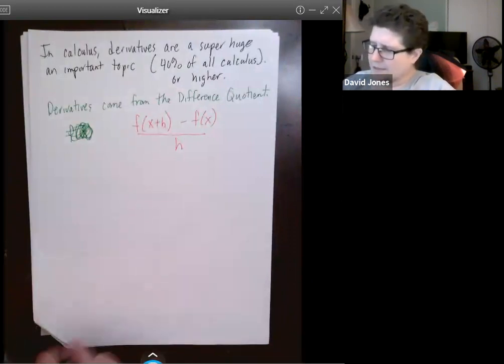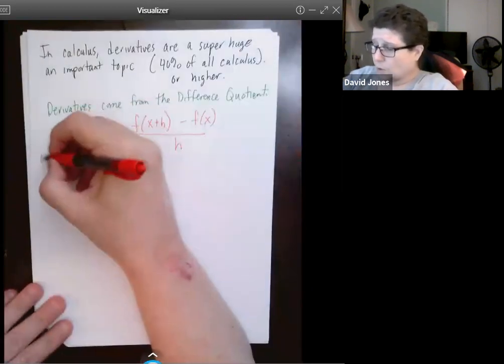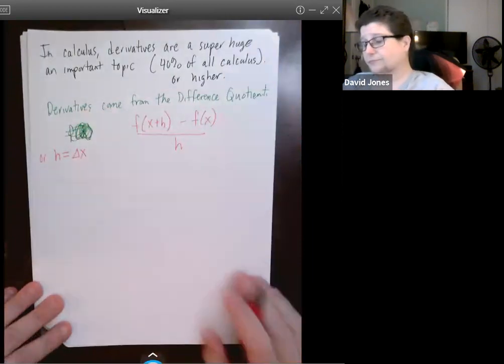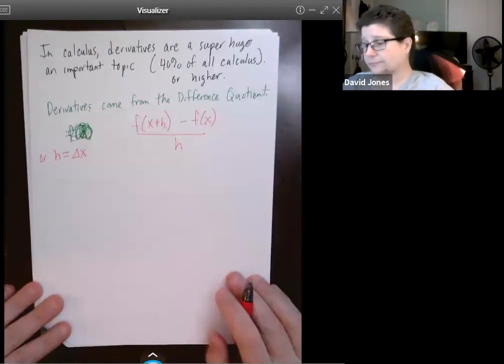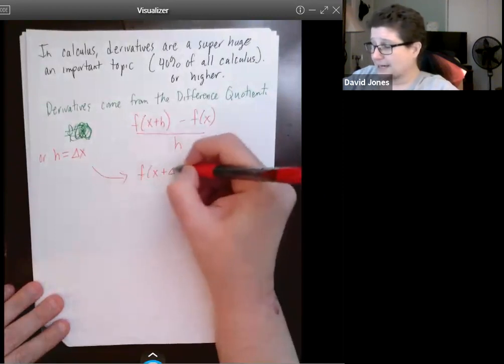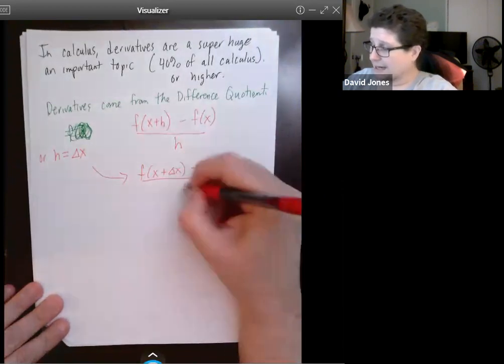And h is sometimes written as delta x, which would make this f of x plus delta x minus f of x, over delta x.